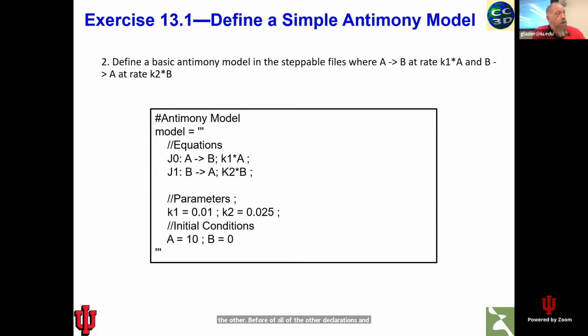Okay, and you don't need the comments. You can just say model equals triple quotes J0 colon A goes to B semicolon K1 times A semicolon. You don't need the equations, parameters, initial conditions, or comments, to make it faster.